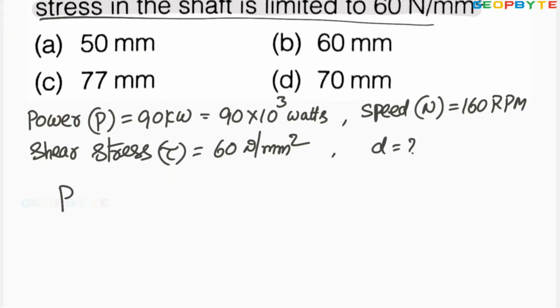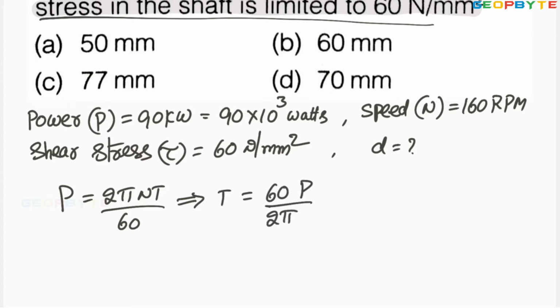You know, dear friends, power P equal to 2 pi n T by 60. From this, the torque T equals 60 P by 2 pi n. 60 into power is given.